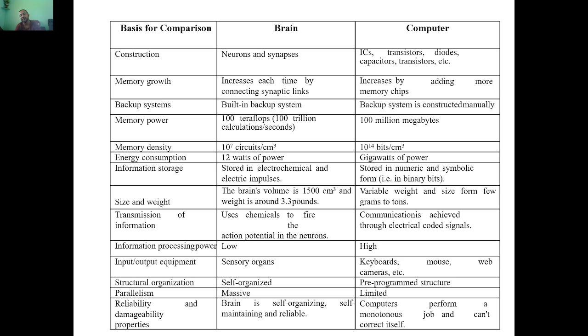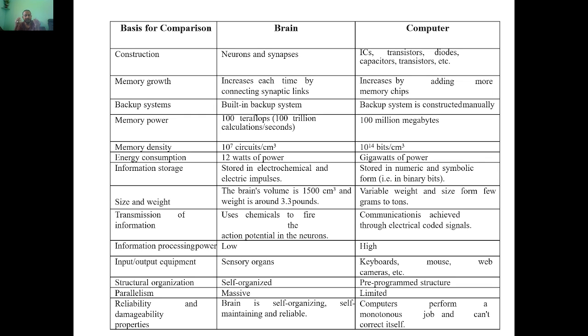Next, structural organization. Here the brain is self-organized, whereas the computer has a pre-programmed structure. That means it is pre-programmed already. Everything we know already about the computer. Next, the basis of comparison is parallelism. Parallelism is very massive here, whereas the computer is limited. That means the ability to perform parallel works or multiple works at a single time.